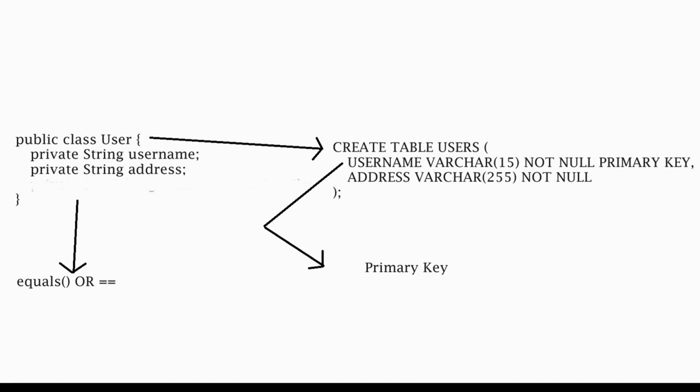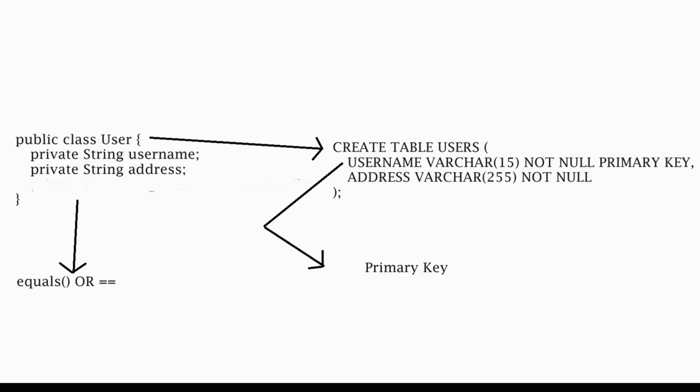What will you do? In that case you don't have any option in the database, because username is the primary key. You cannot insert a duplicate username in the users table. So user 1 and user 3 both have the same username, and you cannot insert it into the users table. That will create a conflict. So what option do we have?